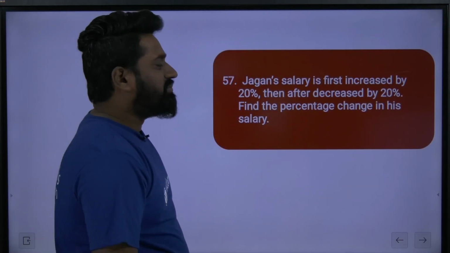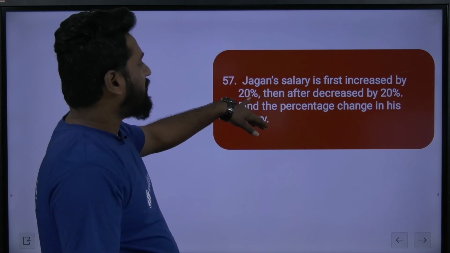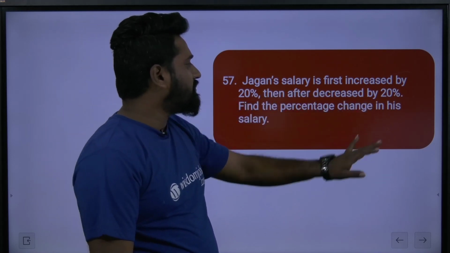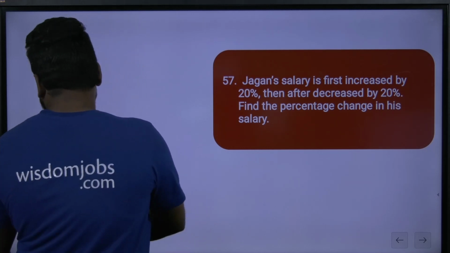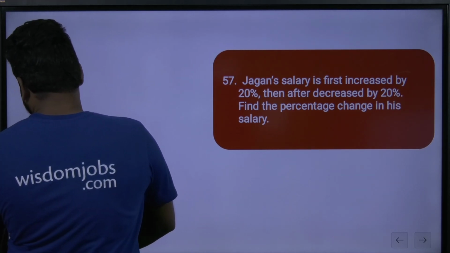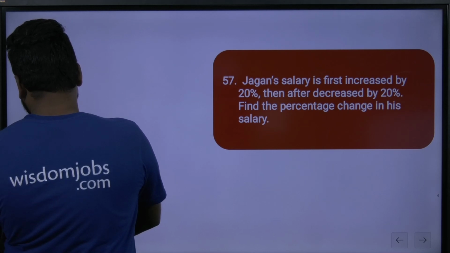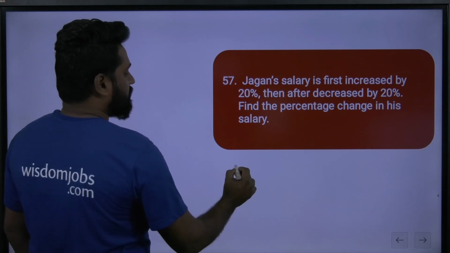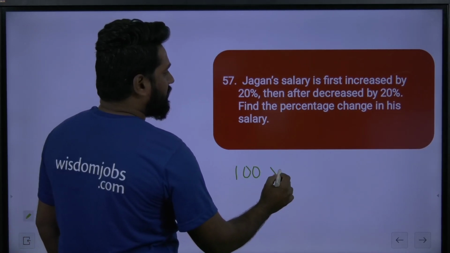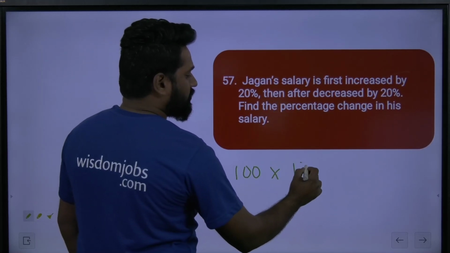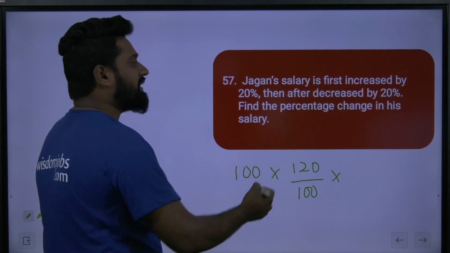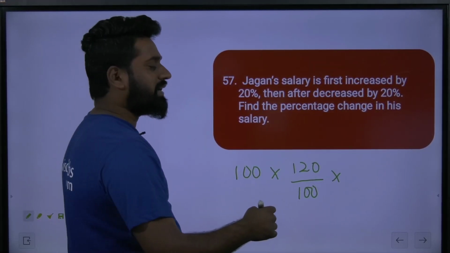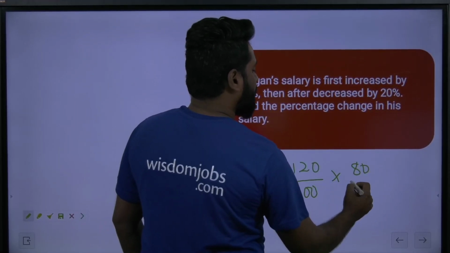So this is also the same thing again, because first increased by 20% and then decreased by 20%. What is the percentage change in salary? Let us see that. So first you consider 100, 20% increase, so 120 by 100. And next decreased by 20%, 100 minus 20, 80 by 100.